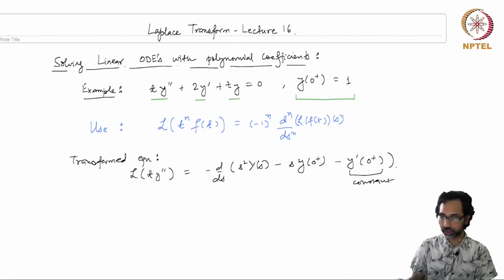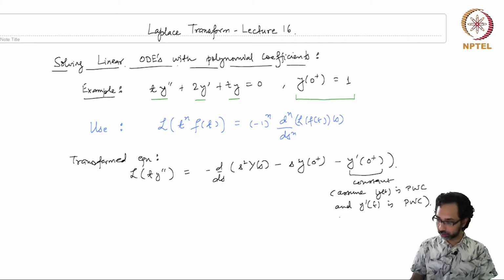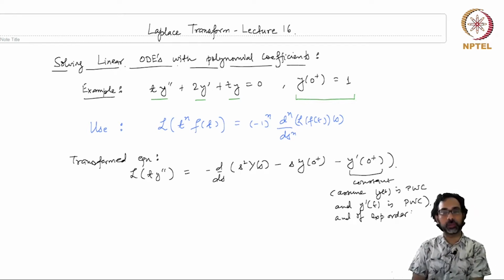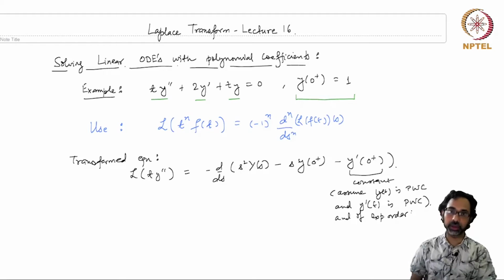Assuming that this is a constant, and we will assume throughout that y(t) is piecewise continuous and y prime(t) is also piecewise continuous and of exponential order, all our properties for the Laplace transforms are applicable.